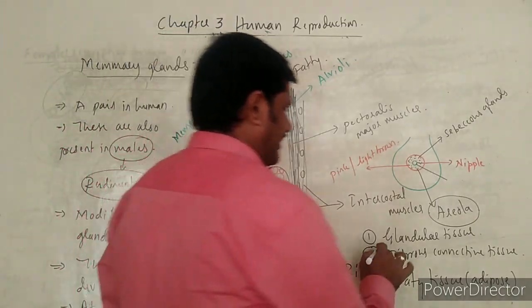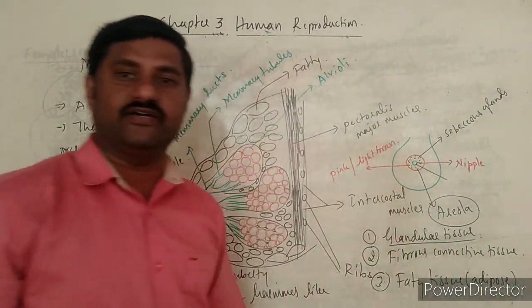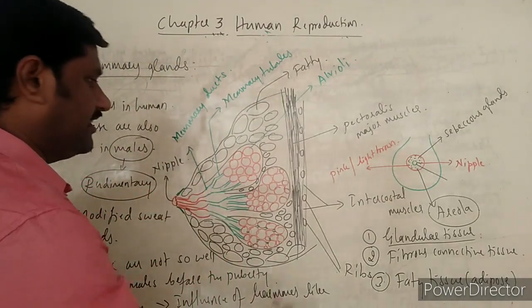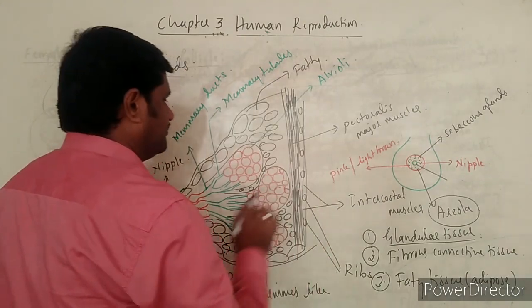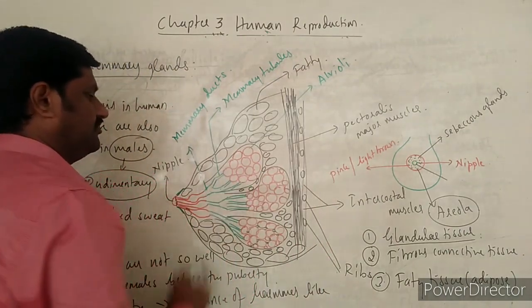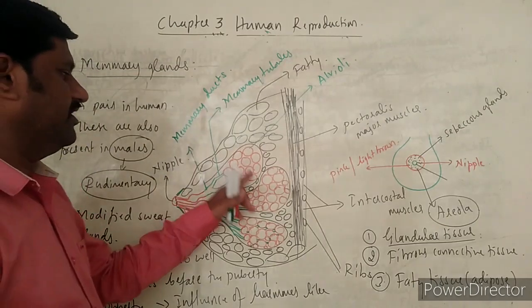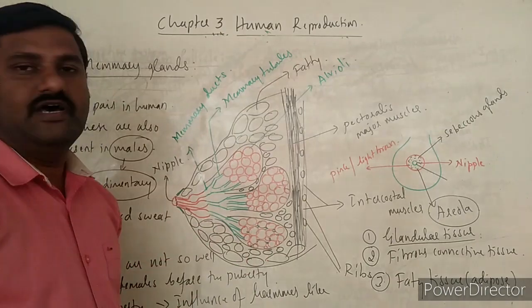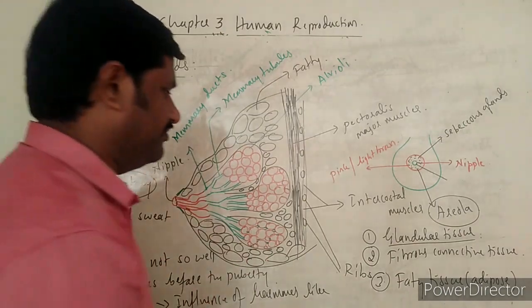One by one I will go on explaining. The first one is glandular tissue. Already I have shown you the glandular tissue. That glandular tissue mainly consists of many lobes, called mammary lobes, right? And these mammary lobes are 15 to 20 in number.